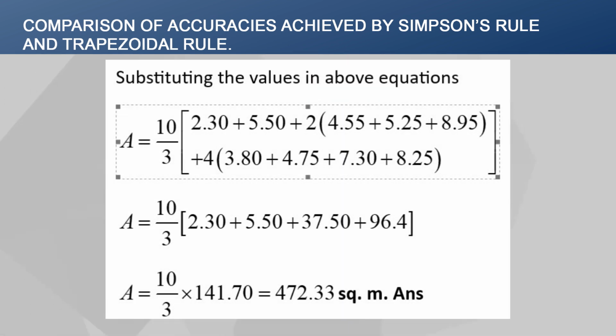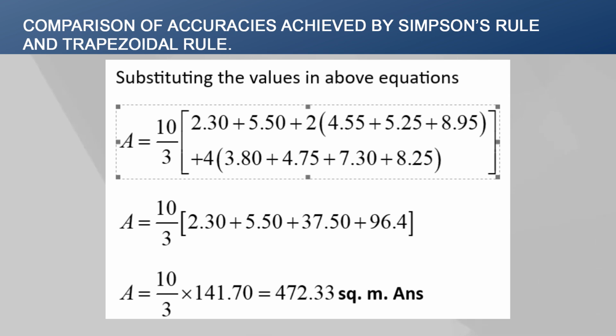So, what is the length of the first offset, which is O1, 2.3, and the length of the last offset O9 is 5.5. Remaining odd offsets, what are the remaining odd offsets? O3, O5 and O7. Which are the remaining even offsets? O2, O4, O6, and O8.